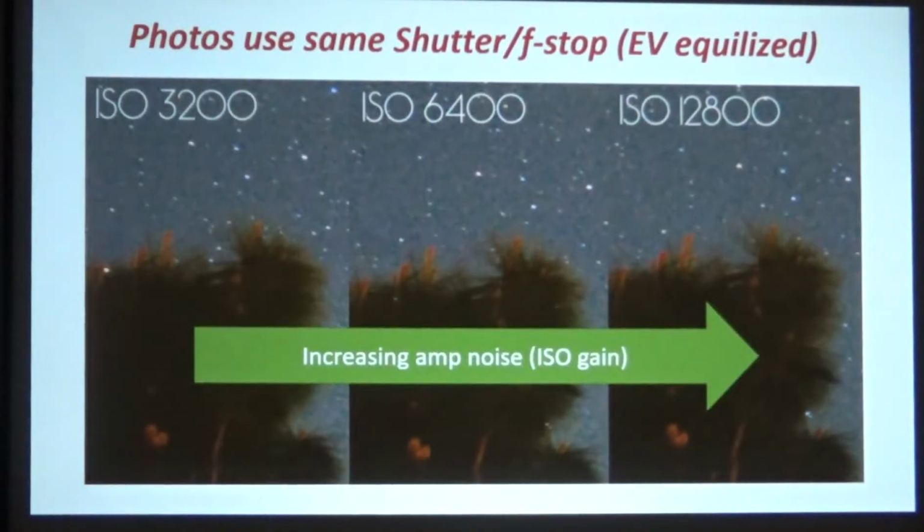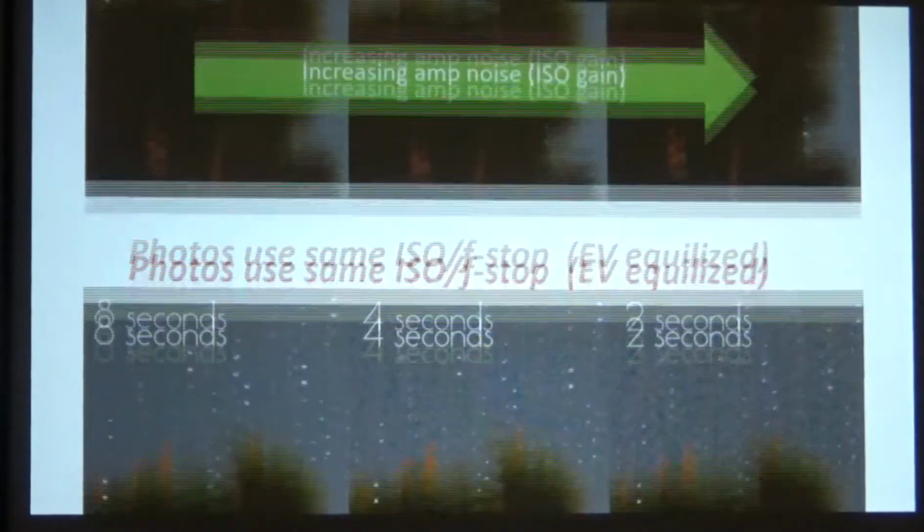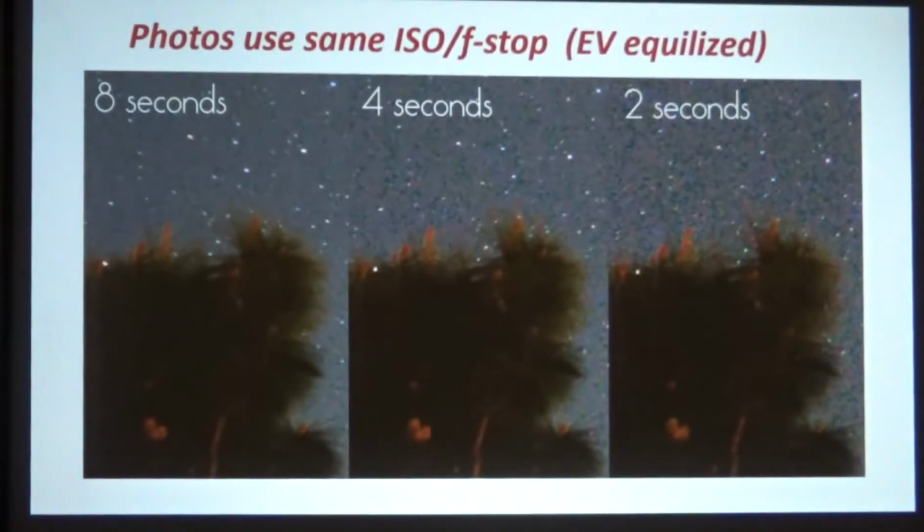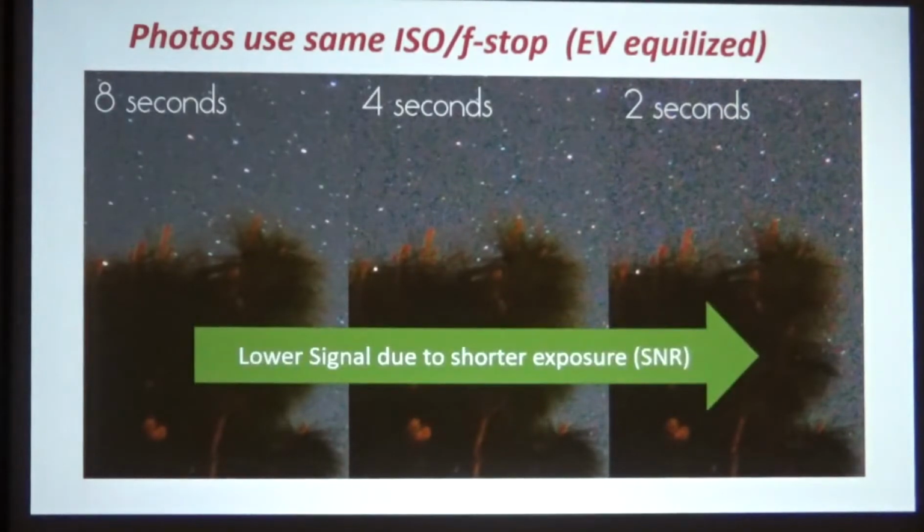As I go to the right, with higher ISO settings, I'm getting more graininess in the image. If I leave the ISO and aperture fixed and adjust the shutter, I'm also getting more graininess, and the primary reason is that I'm not getting enough signal into my sensor, so proportionally I have more sand to my water, like I talked about earlier.